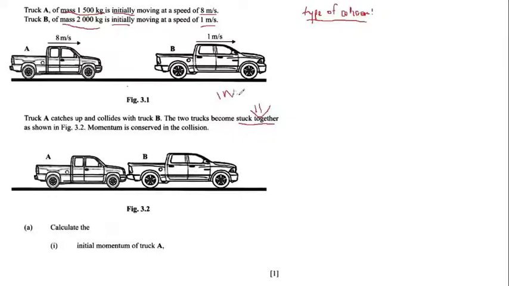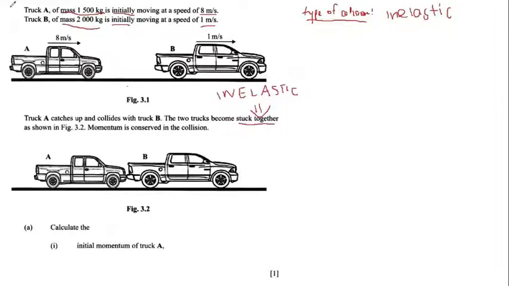All right, very good. So what tells us that this is inelastic is because we're told that the two objects stick together after they collide, okay? So this is an inelastic collision. We're not looking at the speeds before.